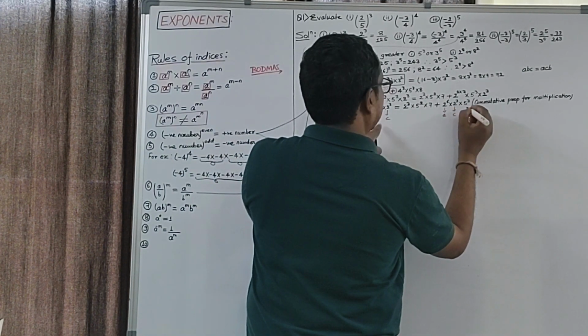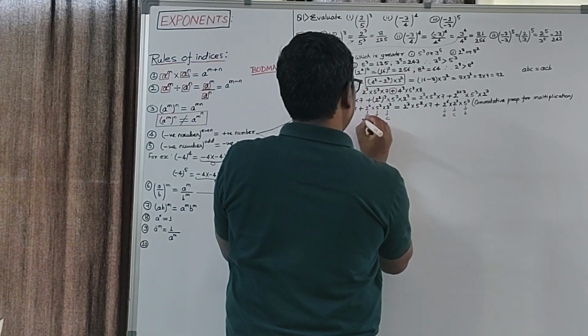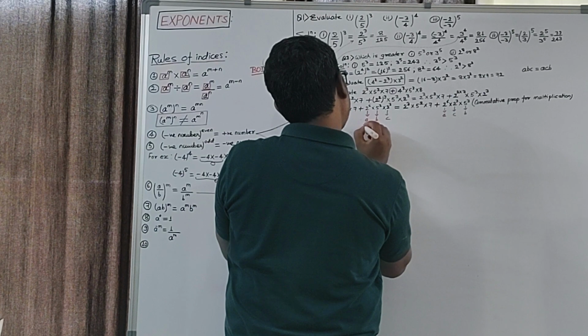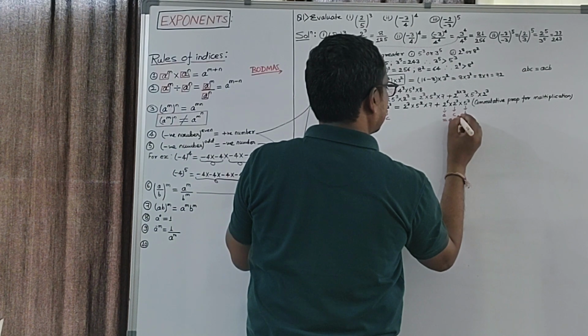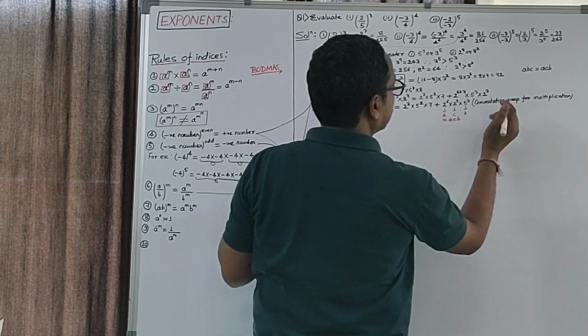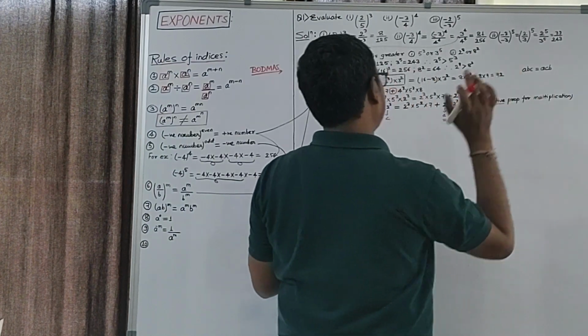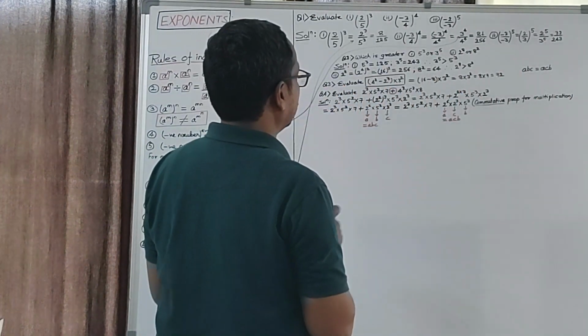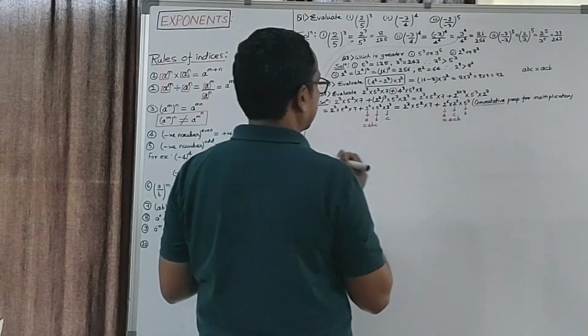We made it C and then it is B. So earlier it was A, B, C. That means A, B, C is equal to A, C, B. This is possible to do as per commutative property for multiplication. Okay, as per that. But then, why did we do this? There is some reason for it.